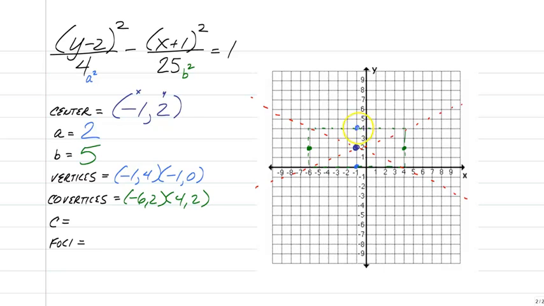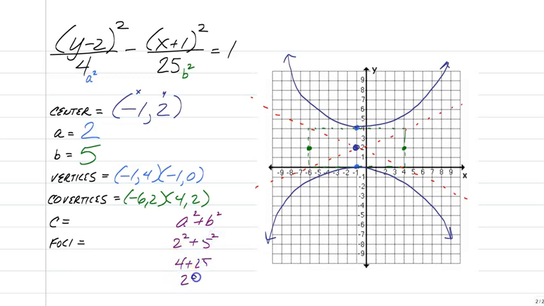Our graph is y positive, so this one is going to be going up and down, because our y-axis goes up and down. So nothing different has really happened here, y'all. So now what we have to do is go find our foci again. So we have a squared plus b squared, which means we have 2 squared plus 5 squared, which means 4 plus 25 is 29.